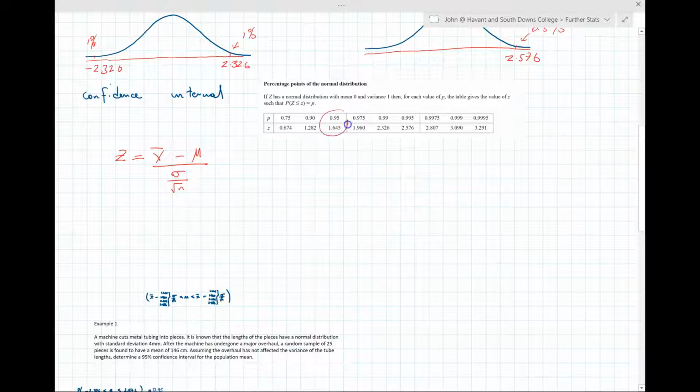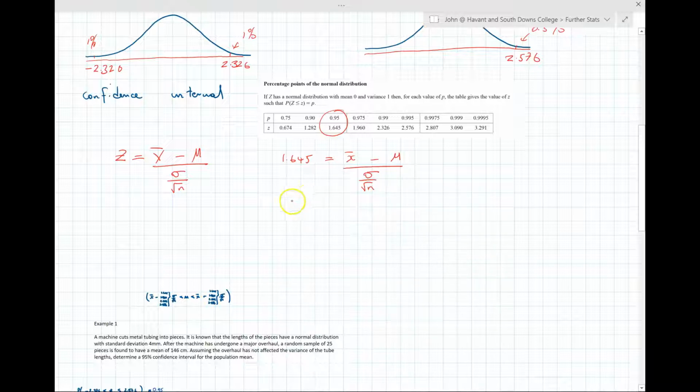Let's say we wanted to work out a confidence interval for the 90%, which means looking at 0.95 on the tables, or putting 0.95 in your calculator, so that's 1.645. We'd have 1.645 equals, let's use little x now for the particular sample that we've got, x minus mu over sigma over the square root of n.